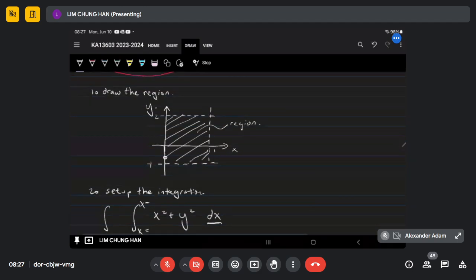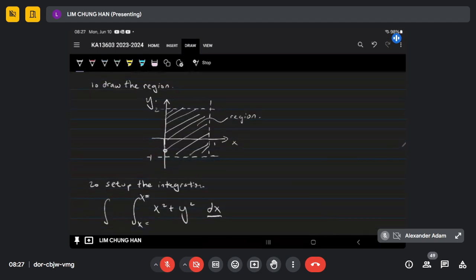Okay, so to get the actual x limits number, you go back to your region, you go along the x-axis. You shoot a line from left to right along the x-axis. For that line, the first point that it touches is the first limit.